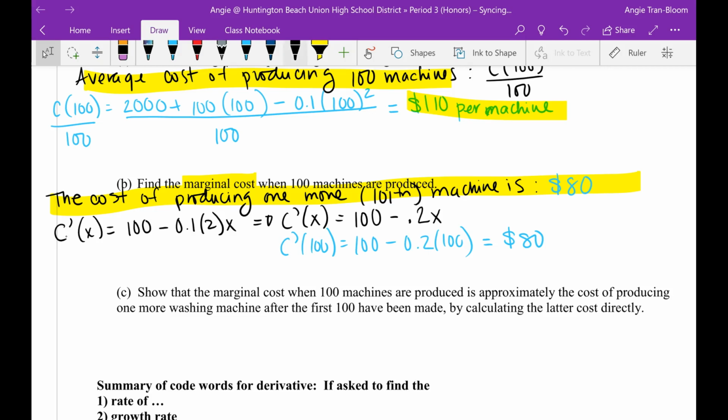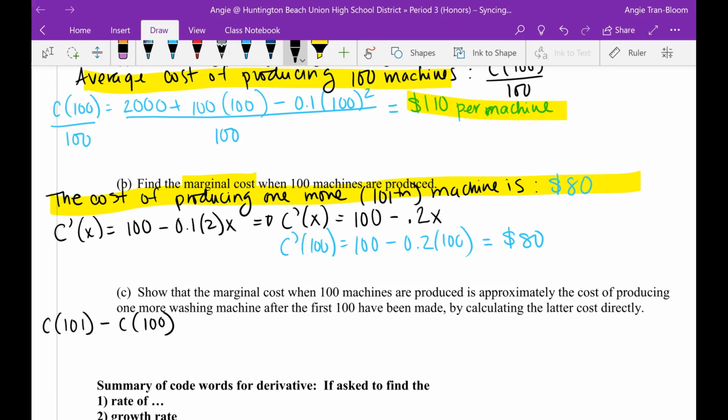So I want to calculate the total cost of producing 101 machines, and then take away the cost of producing 100 machines, and see if the difference gives me the marginal cost.